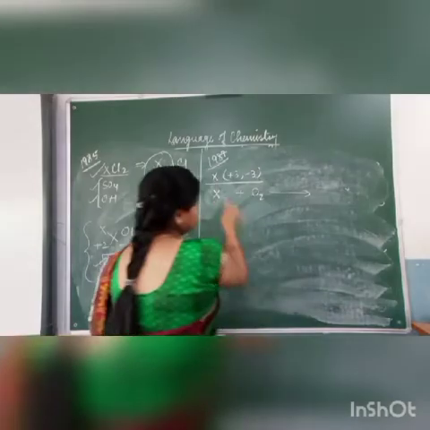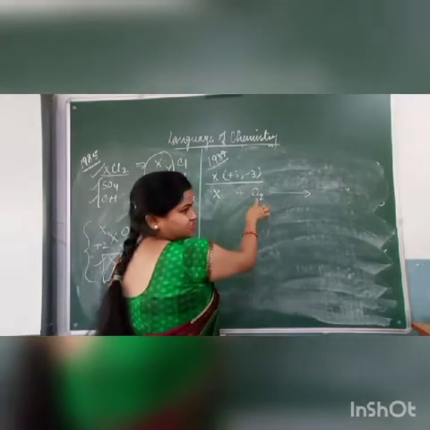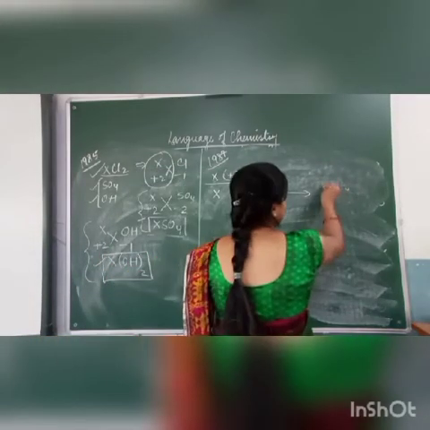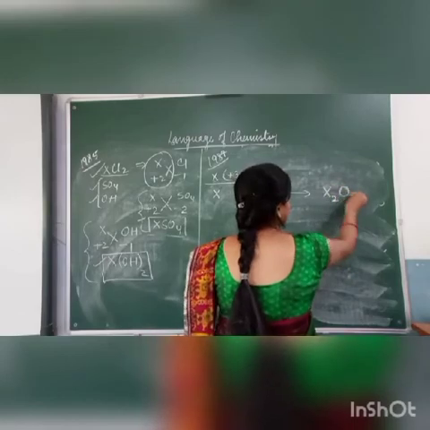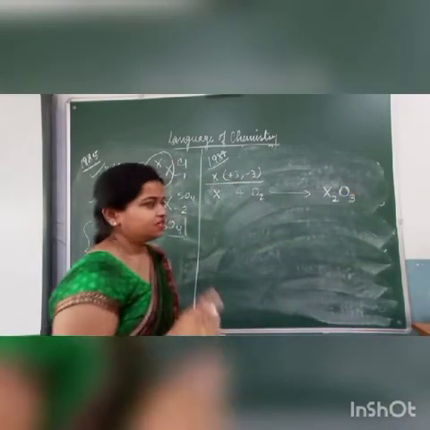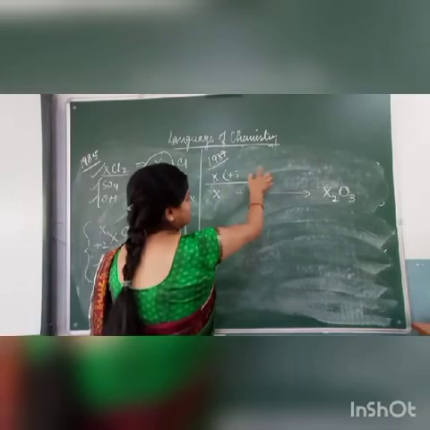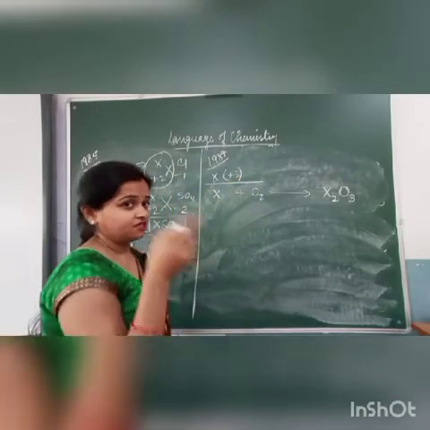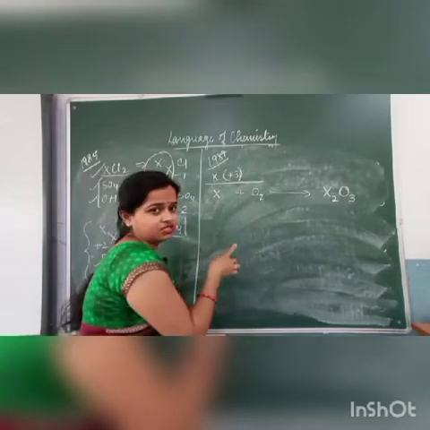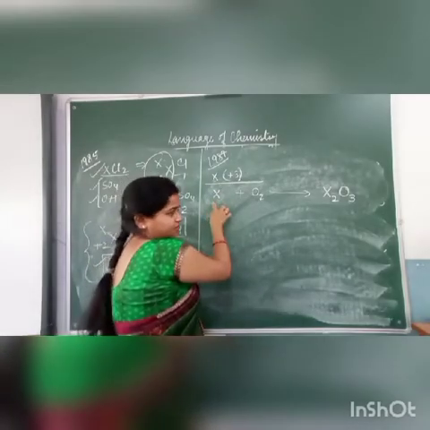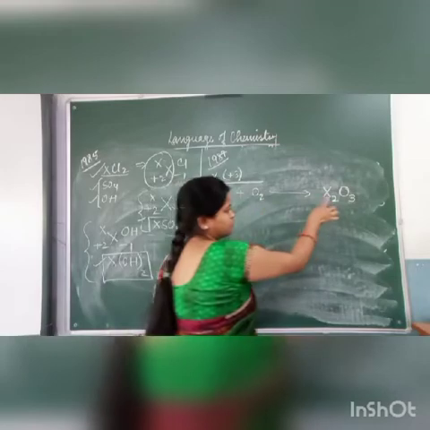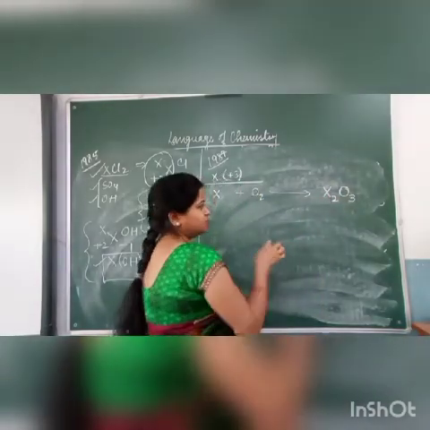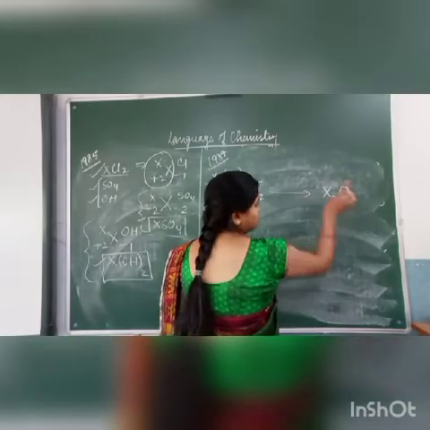So what will form if X is trivalent and combines with oxygen? It will form X2O3, which means X is plus 3. Again I am saying, learn the valency, then only you can do this. X is any trivalent metal combining with oxygen to form its oxide. Clear? So the formula will be X2O3.